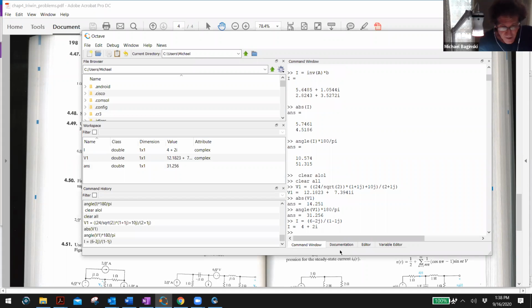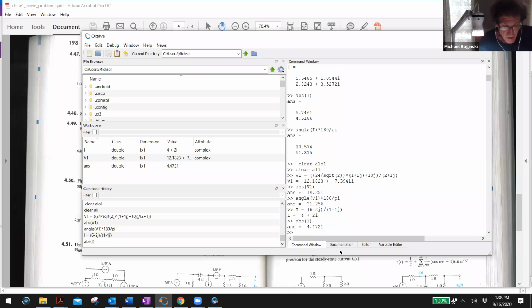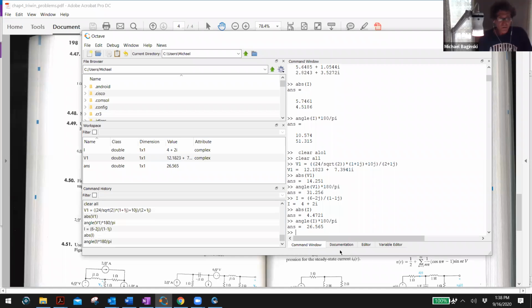So that's I, and I can get ABS of I. And then I can get the angle of I times 180 divided by pi. And that would be the angle, 26.565 degrees. Now, how many see this, class? Got it? I mean, something, a thumb, anything to show that they got it.